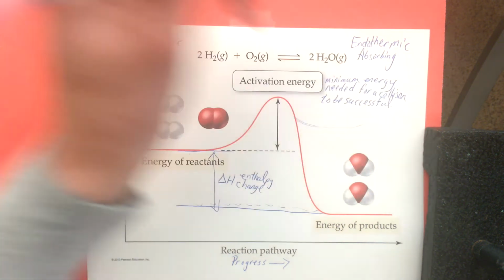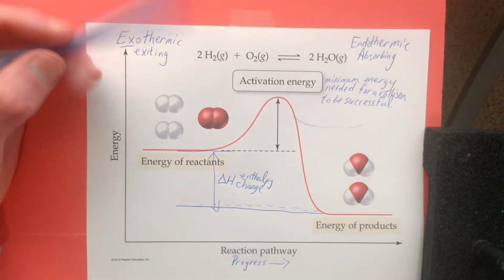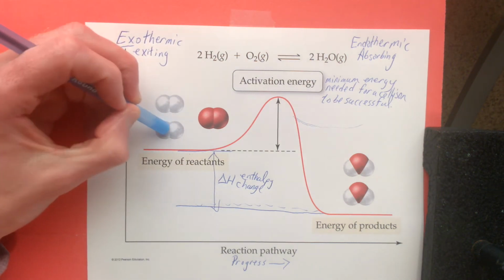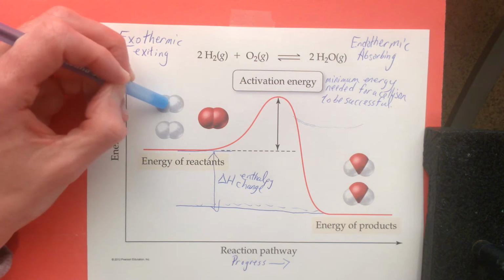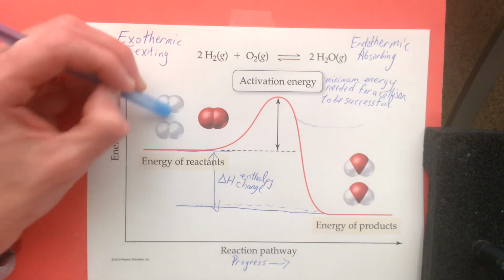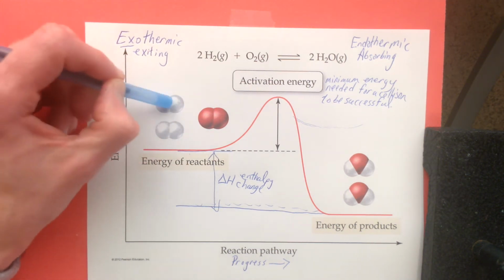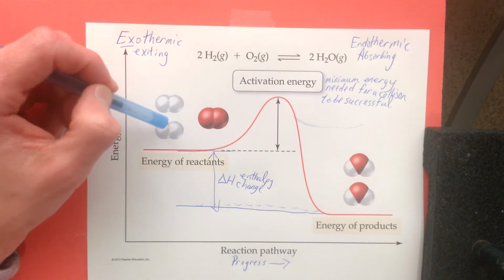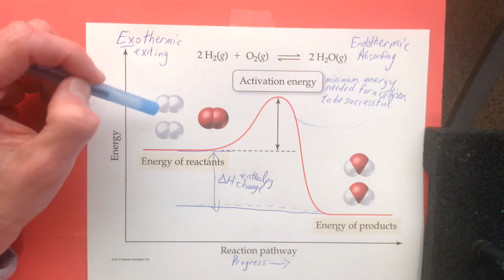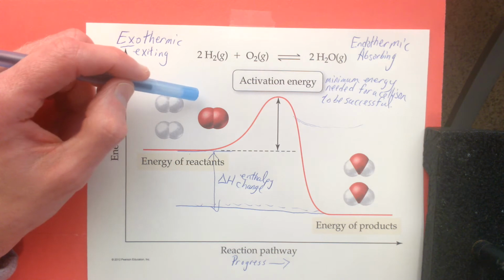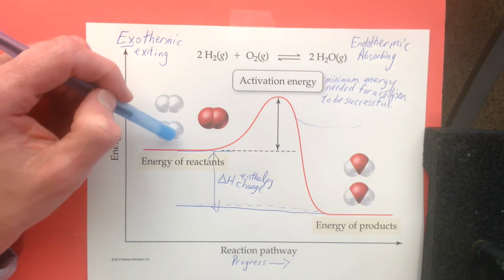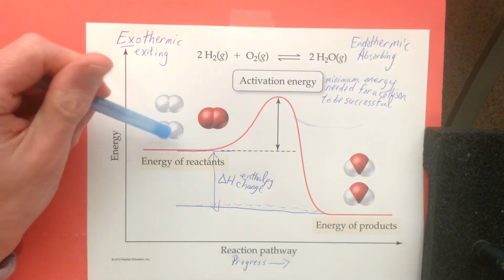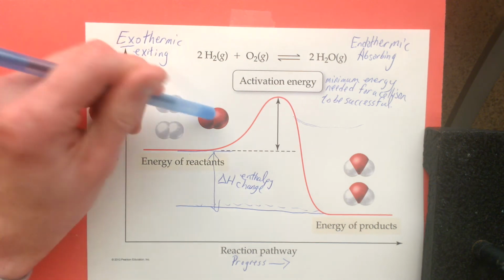Now, the collision I'm talking about is when you react substances, when these hydrogens and these oxygens react, they have to collide with one another. They have to physically run into each other. When they run into each other, they have to hit with enough energy to actually separate.